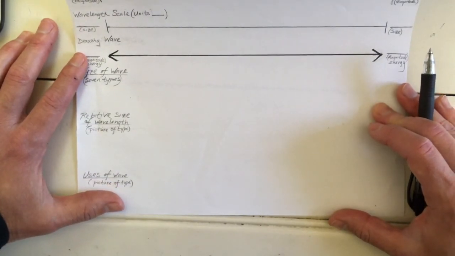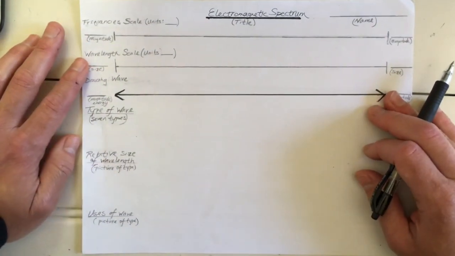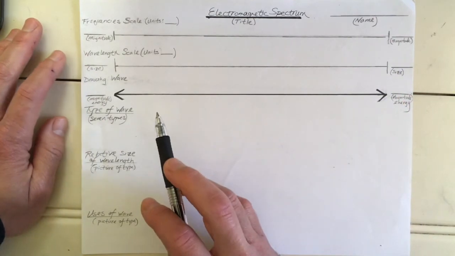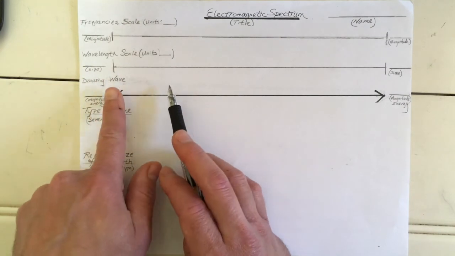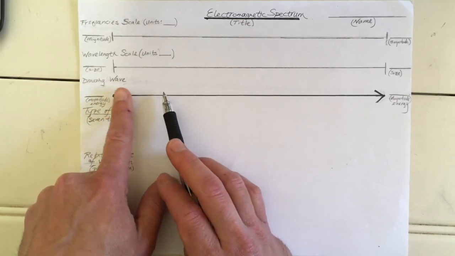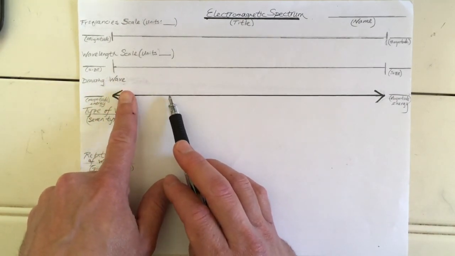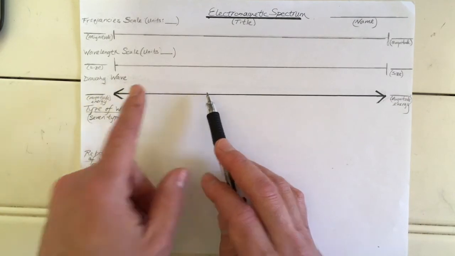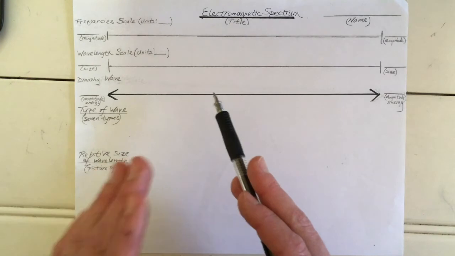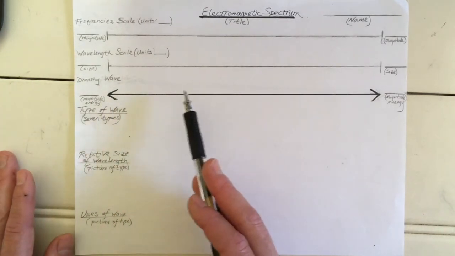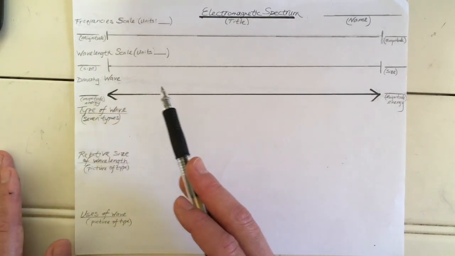I always get students that ask me, how do we know, when I'm looking at the scale, where radio waves stop and microwaves begin? And there's no clear-cut line. It'll be roughly in a region, but it's a spectrum, right?